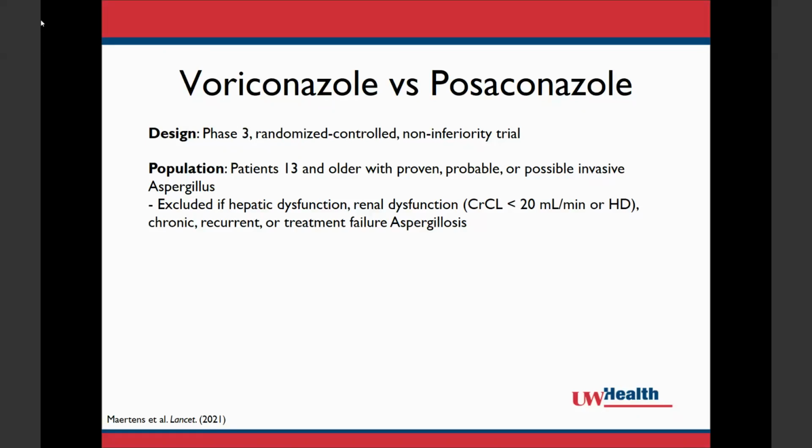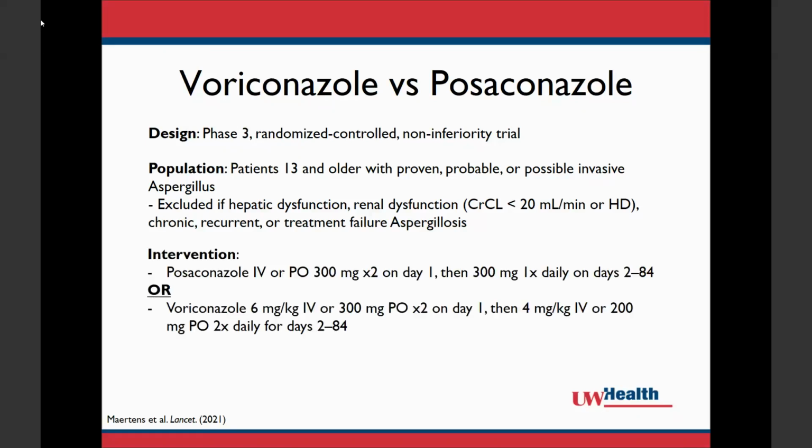They also excluded patients who had already been treated for Aspergillus, who failed, or if it was chronic or recurrent Aspergillus. So again, Posaconazole had the IV or PO loading dose, followed by the maintenance dose, and similar with Voriconazole. And they were treated for longer than 42 days, through 84 days.